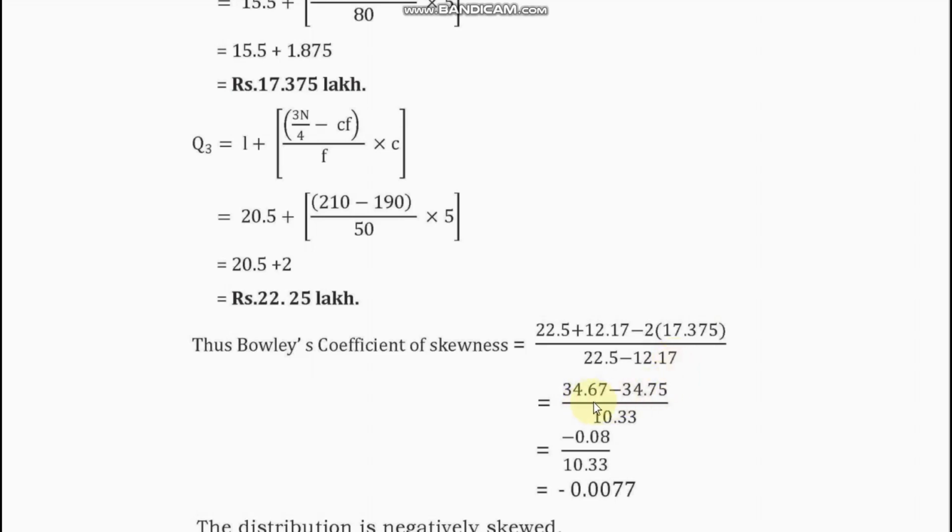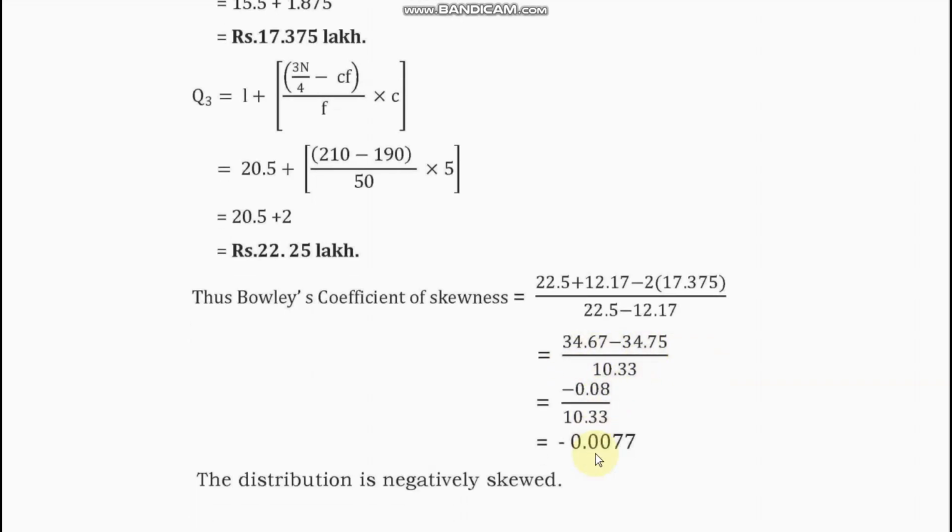That is 34.67 minus 34.75 divided by 10.33, that is minus 0.08 divided by 10.33, which is minus 0.0077. Now the answer here is a negative value. So the distribution is negatively skewed, is our conclusion here.